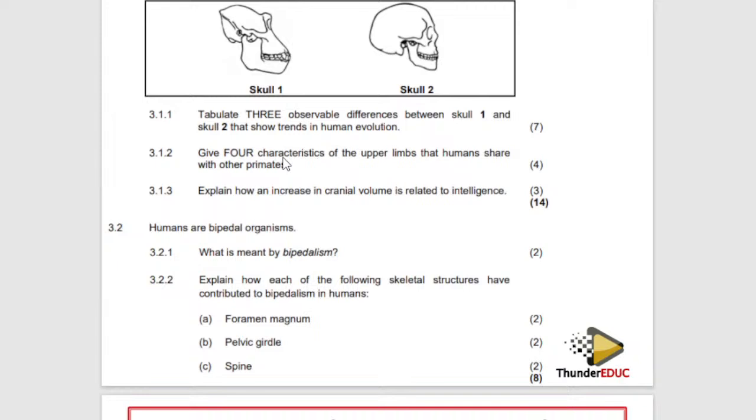Skull 2 looks to be human. I think you got it right. Yes, it's telling me modern humans. Good. Skull 2 is modern humans. Skull 1 is chimpanzee. Now, let's look at it here.